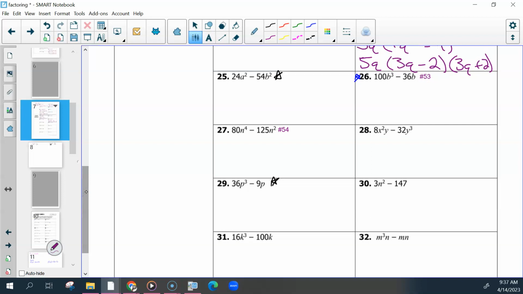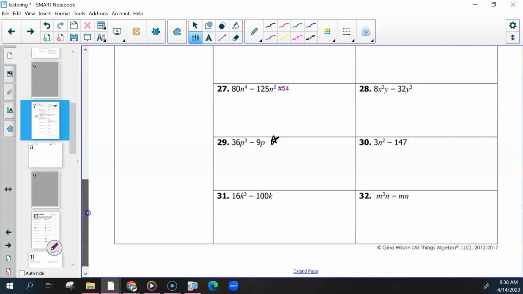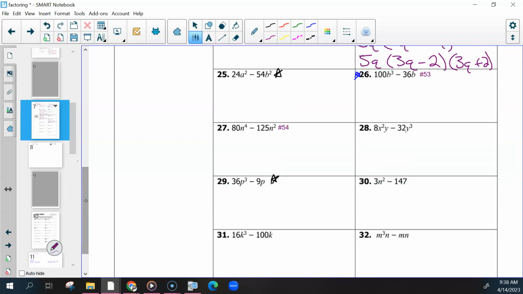Let's try 27. You may have to list out the factors for that because they're big numbers. So what is the highest number we can divide out of 80 and 125? I think 5 might actually be the highest. If not, we'll be able to see that.